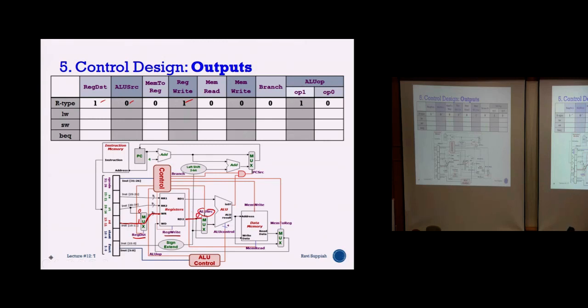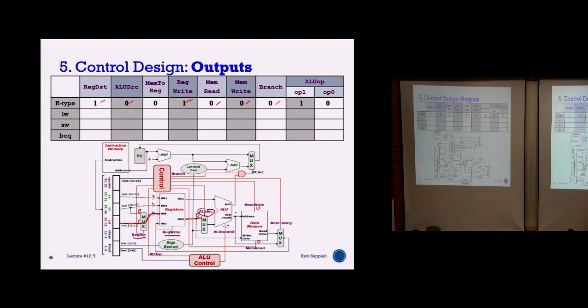Next is your memwrite and memread. Both of them are not being used, so rightfully in a simplified version, memwrite and memread should both be 0. In your branch, you are not going to do a branch, so your branch is also 0.